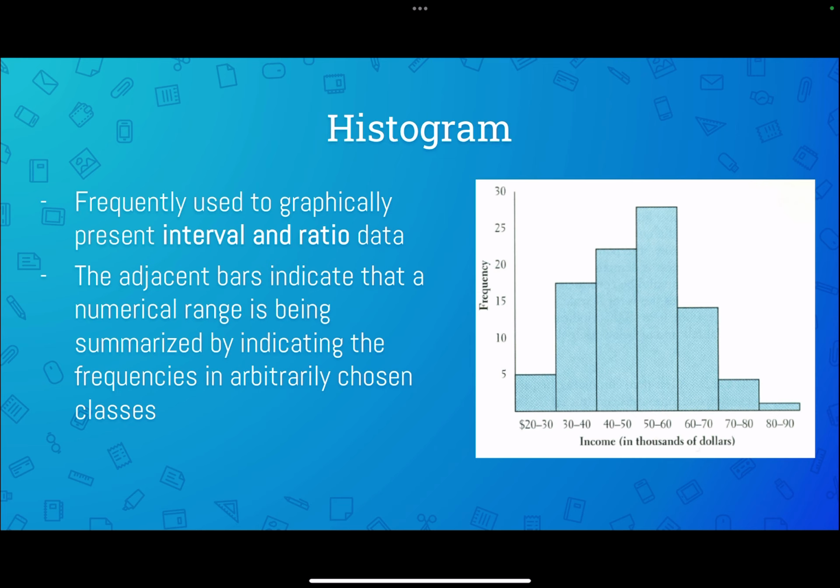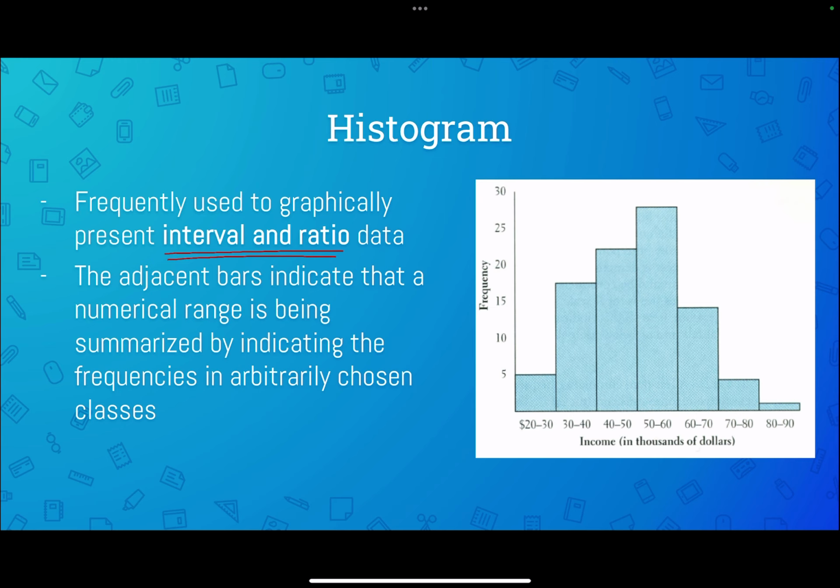most common ones. One of the most common ones is a histogram, which is usually used to present interval and ratio data. So it is important to know that not all charts are for all variables, and how you can show your data better.